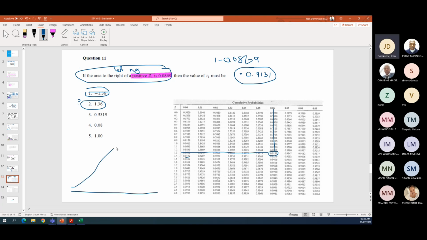Let's do it this way again. There's the 0. They tell us it's positive, and they tell us this is 0.0869.